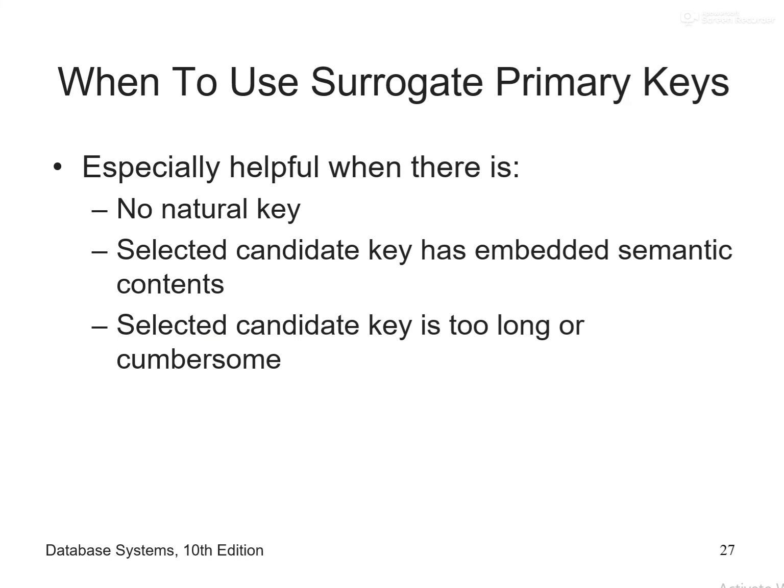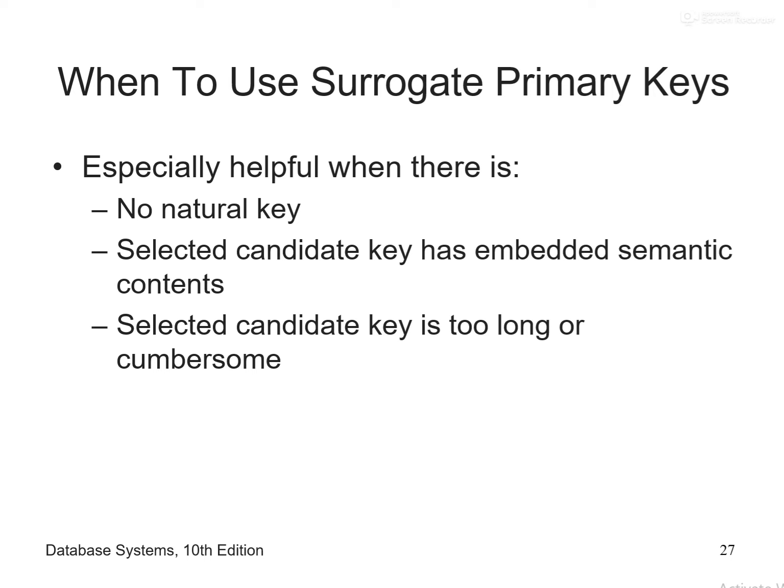Okay, there are some cases where a primary key does not exist in the real world, or the existing natural key might not be a suitable primary key. So in these cases we use a standard practice to create a surrogate key.